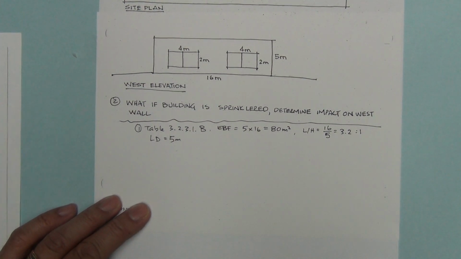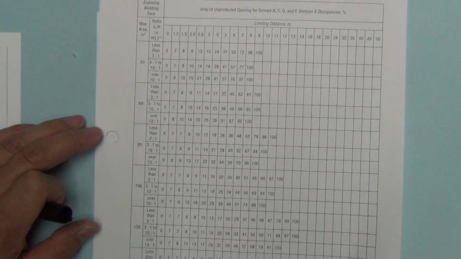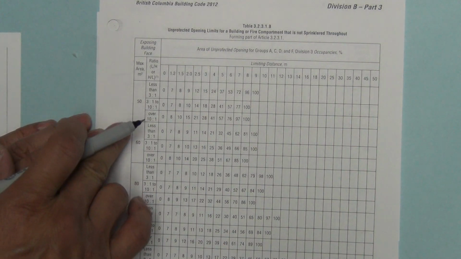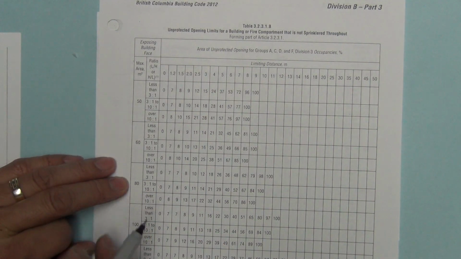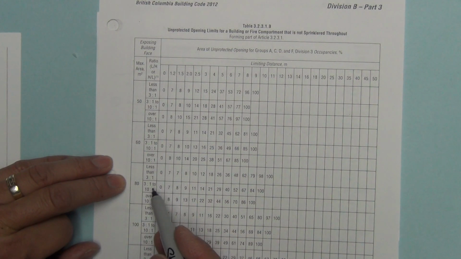So if we apply table B and looking at exposing building face, maximum area being 80 square meters, we come across this row and we have 3 sub-rows to consider based on its aspect ratio or the L over H ratio.